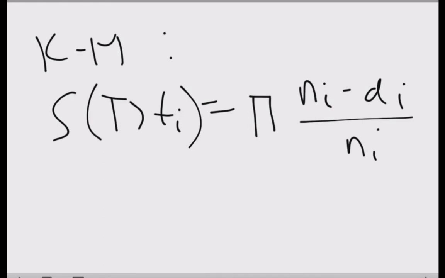We multiply all those probabilities to get a total survival probability over time. And so what exactly do we mean by this? Well, to be honest, it's easier to illustrate it than to talk about it sometimes, but we're going to talk a little bit about it.